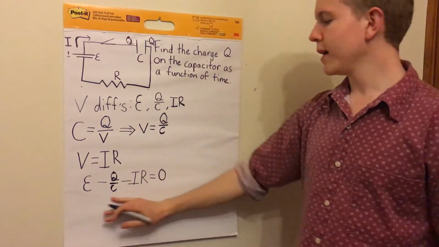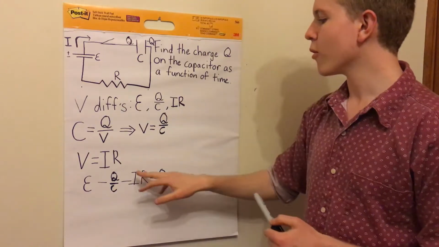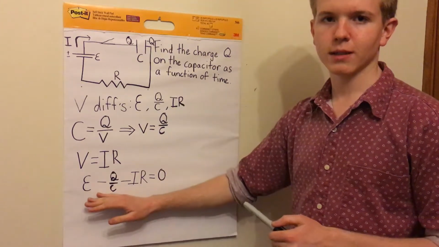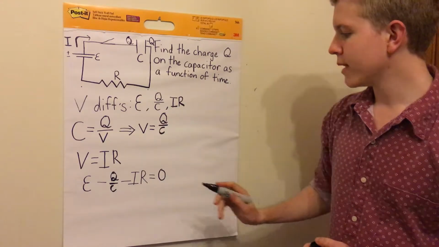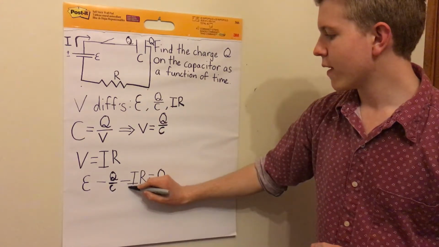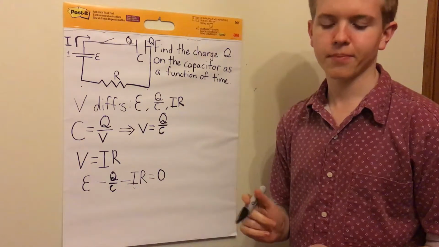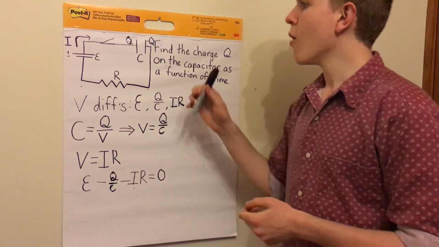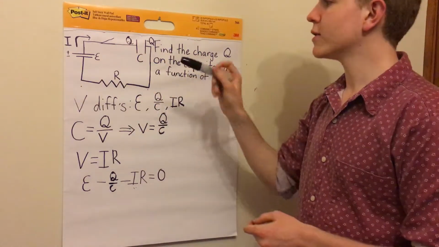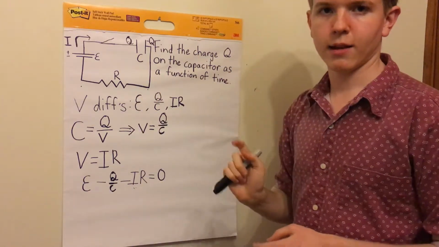So we have a really nice little equation here, but it's not quite right because not all of the variables in this equation are Q or t, and that's what we need. Specifically, we've got this variable current I that's not in terms of Q and t. So how do we write it like that? Well, the current is the amount of charge passing any point on the circuit per second.